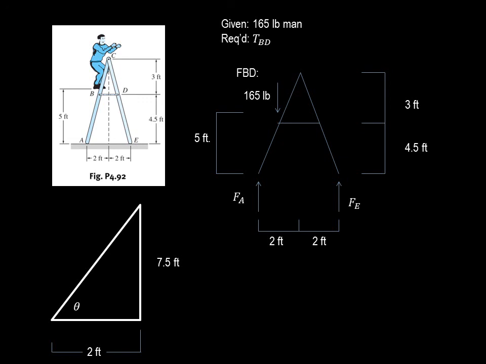First, let us make the bigger triangle, which has a longer leg of 7.5 feet and a shorter leg of 2 feet. Then let us make the similar triangle, which has a longer leg of 5 feet and a shorter leg of x, since we do not know its distance.